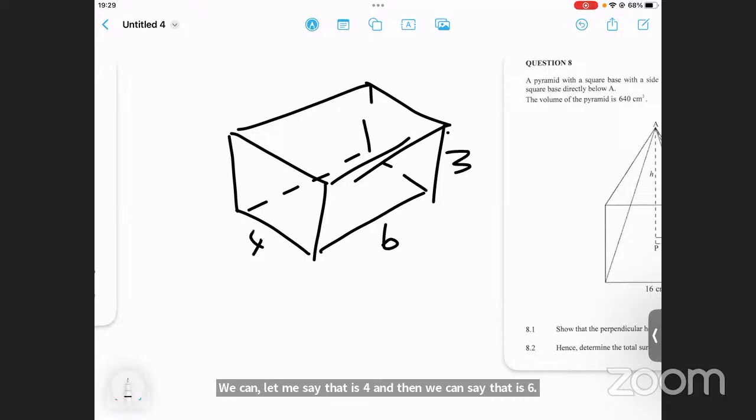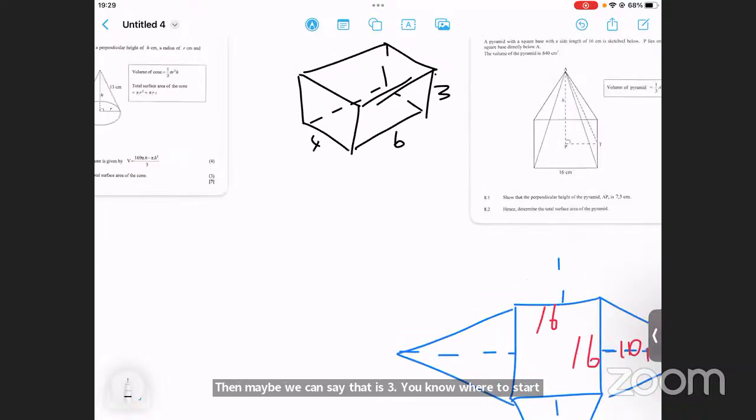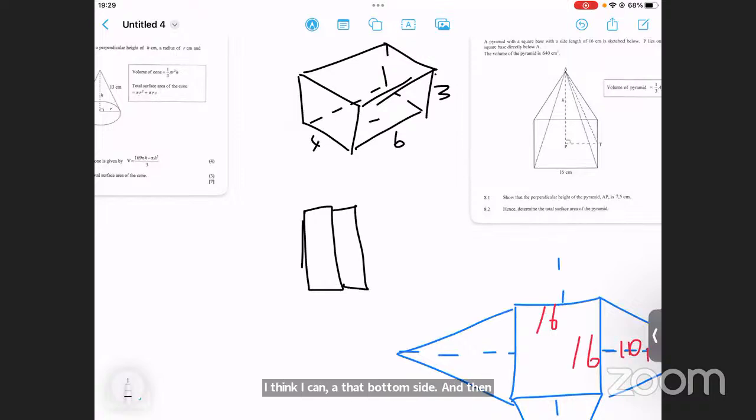You know where to start. Can I successfully open up this thing? I think I can, where I'm going to have that bottom side, and then let's go to this left-hand side, that top side, and that left side.